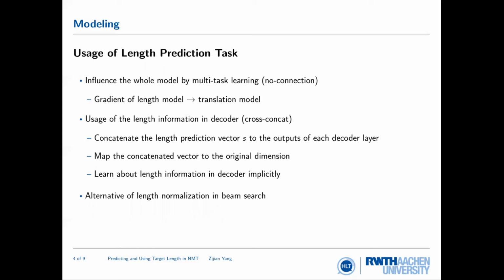We concatenate the length prediction vector to the outputs of each decoder layer and map the new vector to the original dimension. We hope the decoder could learn about length information implicitly. And the third one is to employ the predicted length as an alternative to length normalization in beam search. We will introduce more details in the decoding part.